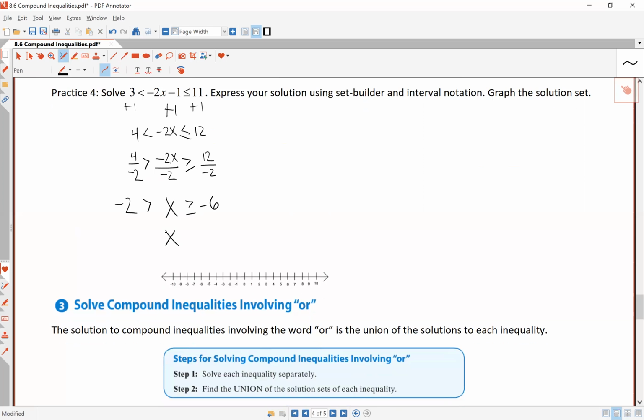And we go ahead and write this the other way. -6 is the smaller number, and -2 is the bigger number. So these are all the numbers bigger than or equal to -6 and smaller than -2.